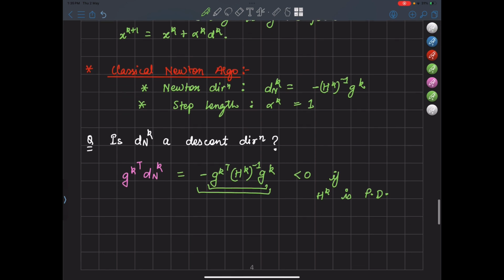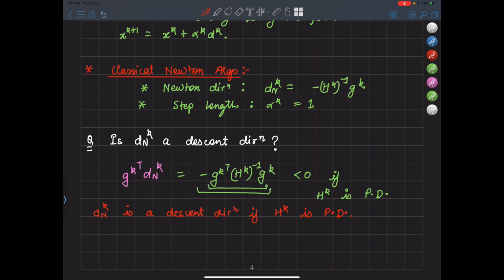So we conclude that dNk is a descent direction if Hk is positive definite.